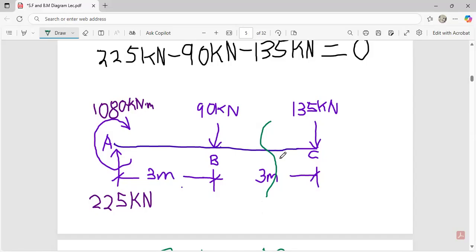Look at something: if you take a clear look at the beam, we were reading from A, B, C. But because in this case I have taken a cut, I can't take my readings from where the cut is. I have to start from a known point, and the known point is C. So in this case, I'm not going to write portion BC, but I'm going to write portion CB.